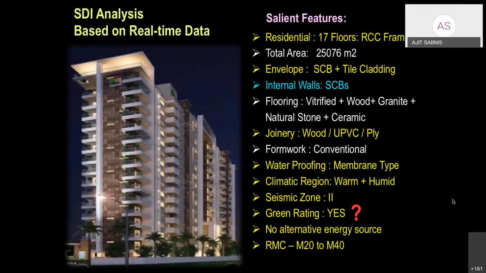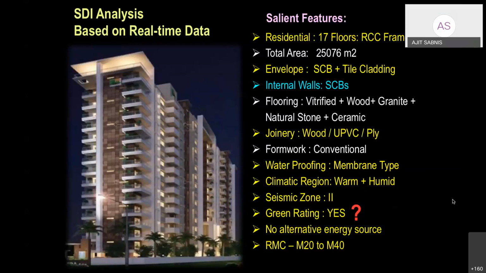This is the urban scenario. Almost all buildings are like this. Though some people claim it as rating, some people claim everything, generally this is the scene, high-rise buildings, what we have seen. So let us see how this particular building behaves.